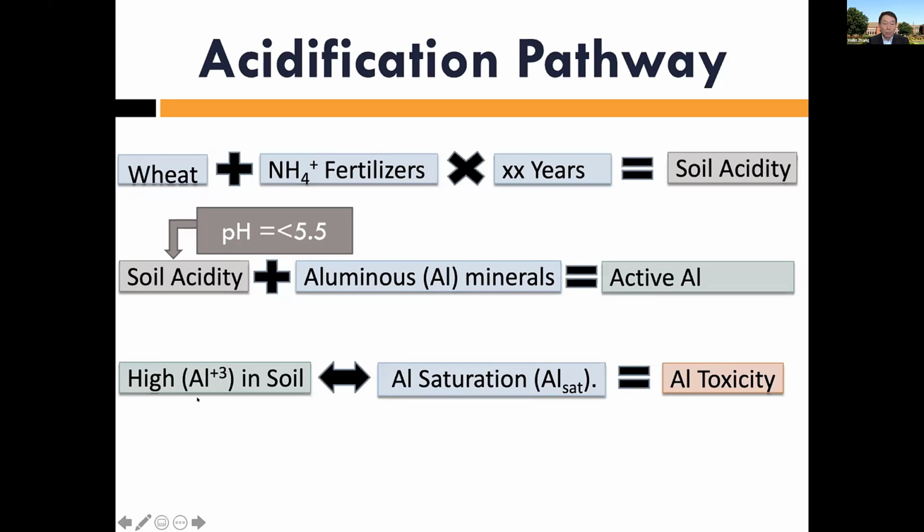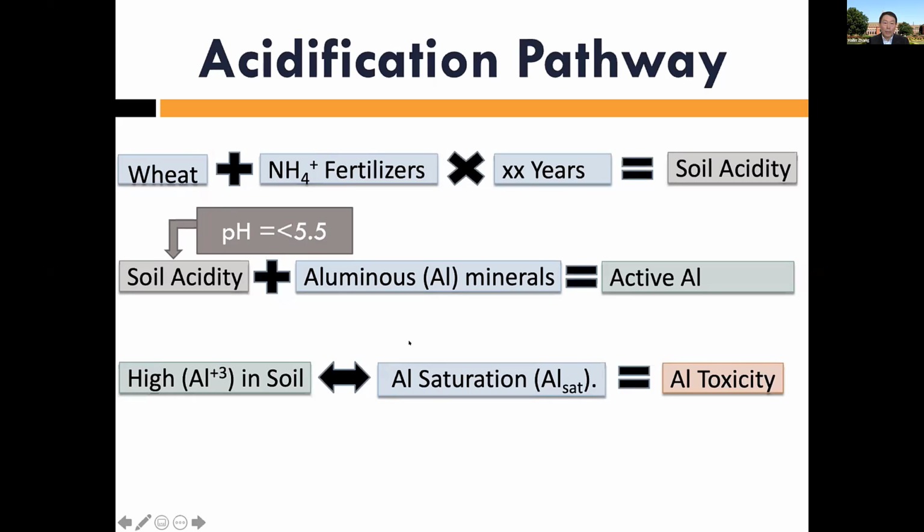This aluminum can not only directly attack the roots, but also replace calcium and magnesium on the exchangeable sites, increasing aluminum saturation percentage, okay? And then both of these will contribute to the aluminum toxicity issue.